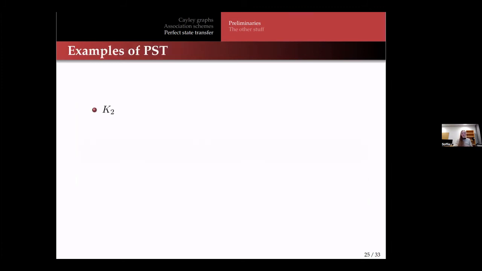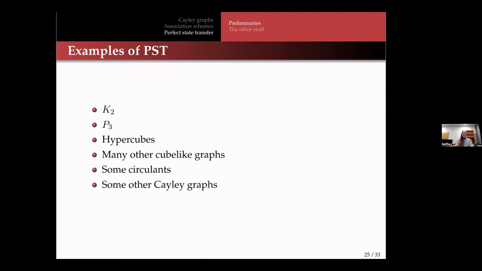Just to see a few examples of perfect state transfer, we have it in K2. We have it in P3. We have perfect state transfer in the hypercubes, a lot of other cube-like graphs, some circulants, and some other Cayley graphs as well. I'm pretty sure that we do have perfect state transfer in some non-Cayley graphs that are also not P3, but I couldn't give you an example.